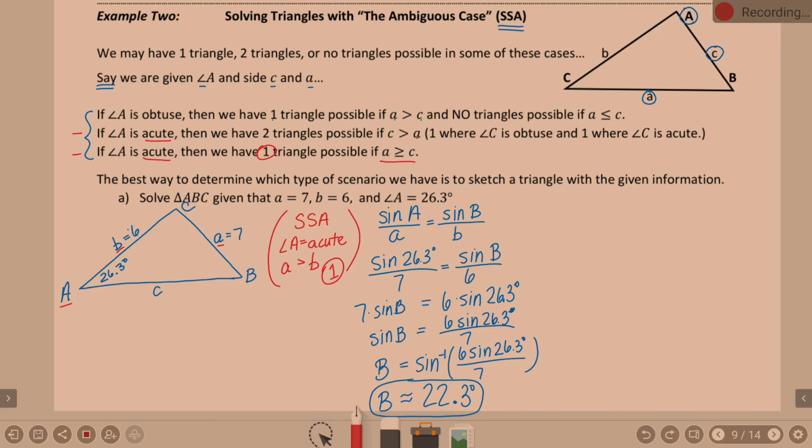And how do we find angle C? All three angles in a triangle always add up to be 180 degrees. So set it up and do the math.